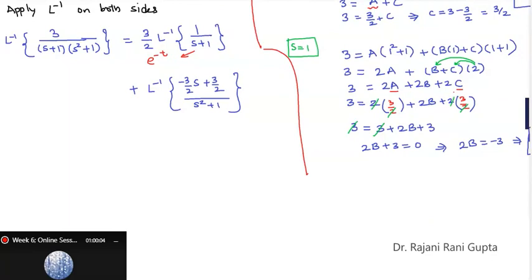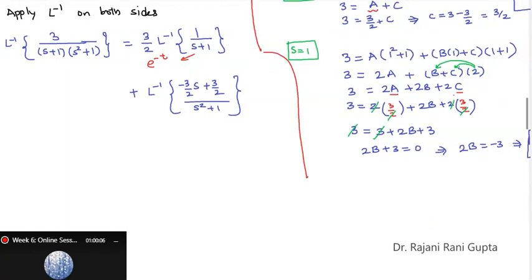Now for the second term we have two different terms in a sum. So we have to split it into two terms. One term is minus 3 by 2 times s over s square plus 1. The second term is 3 by 2 over s square plus 1. In between the sign is plus.